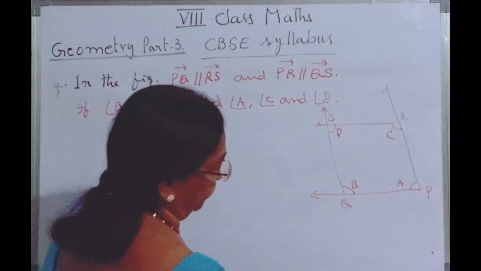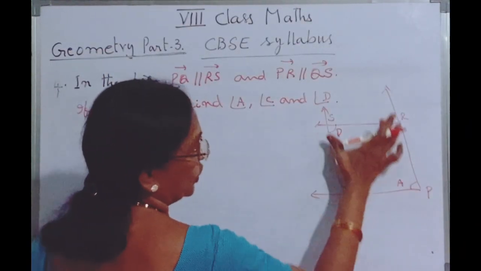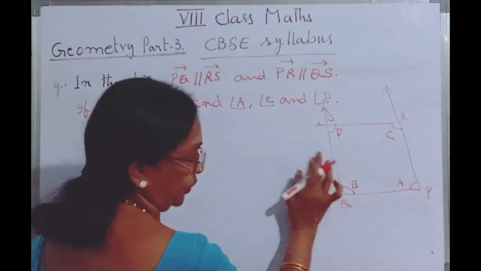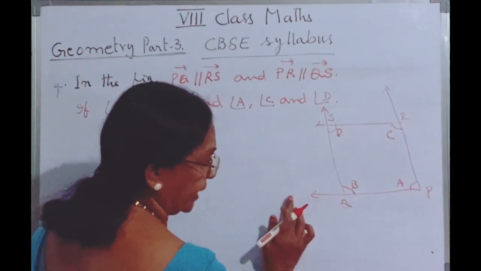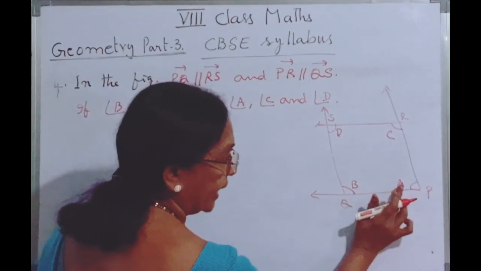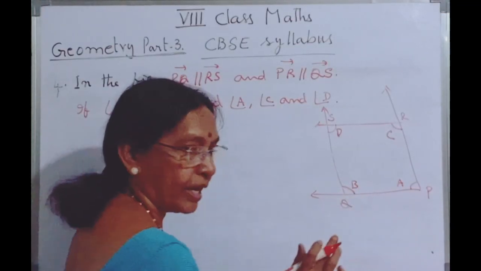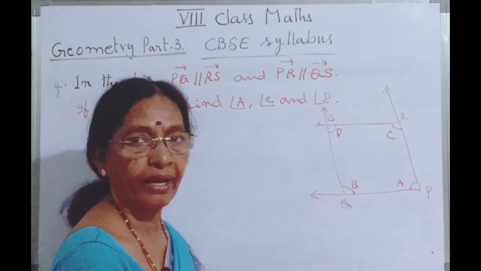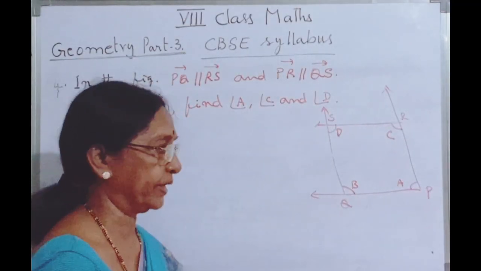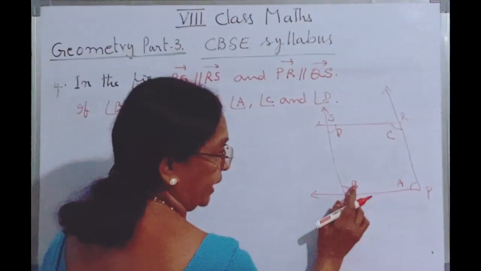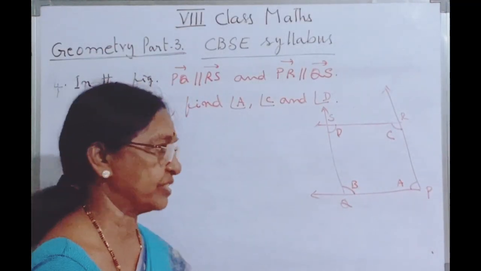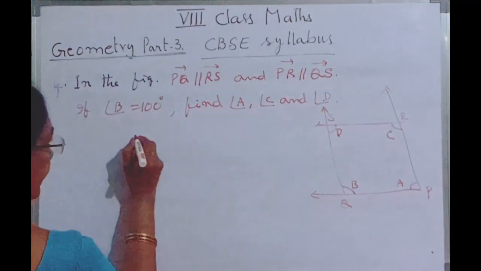So if we take these two parallel lines, QS and PR, and taking PQ as the transversal, the angles A and B are interior angles lying on the same side of the transversal and they are supplementary.